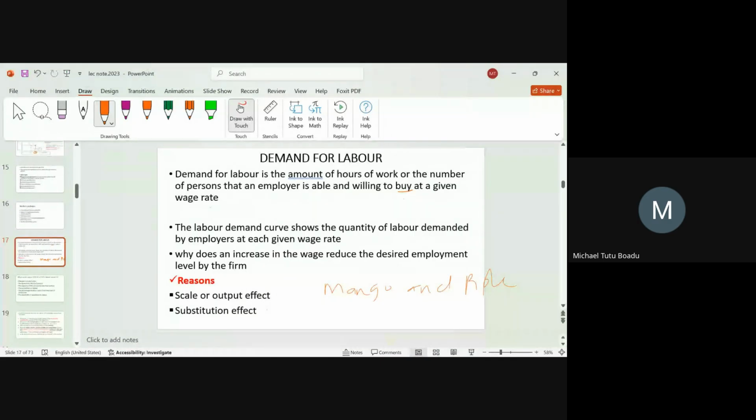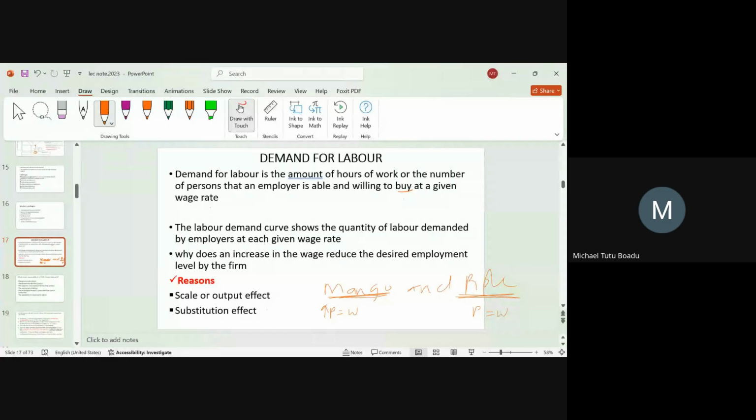It means mango is a factor, pineapple is also a factor. The price you pay for buying each mango can also be called the wage, and the price you pay for each pineapple can also be a wage.